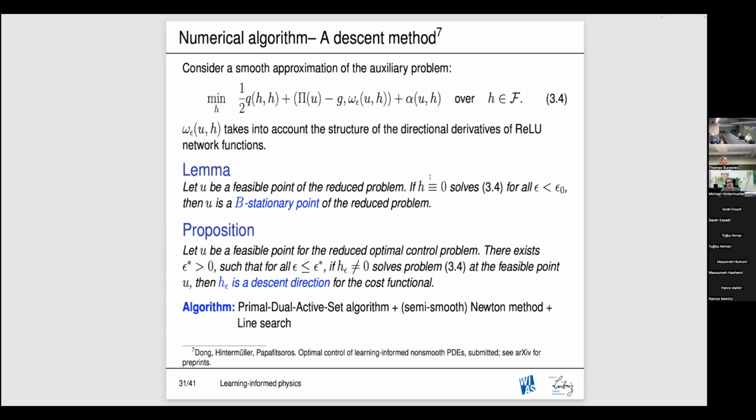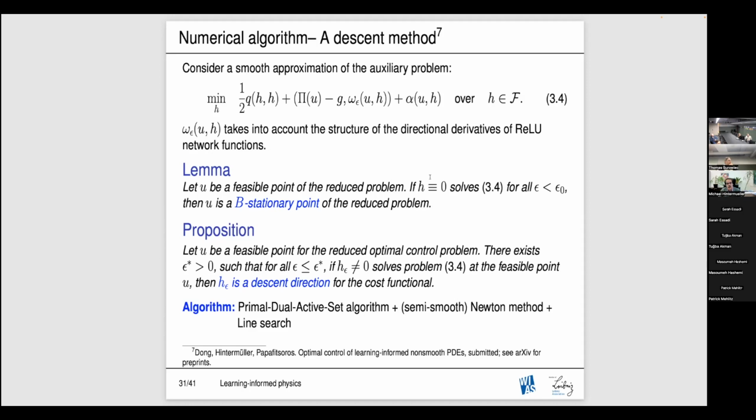Now, this algorithm oscillates between 3.3 and 3.4 whenever we have a complication ahead, which typically is identified by the step length of a line search getting much smaller than the update direction. If that's not the case, we just do a classical Armijo-type line search procedure. But if that is the case, we rather go to this problem 3.4 with the corresponding choice of epsilon, which may be an iterative procedure in its own right, and then compute the descent direction and move forward.